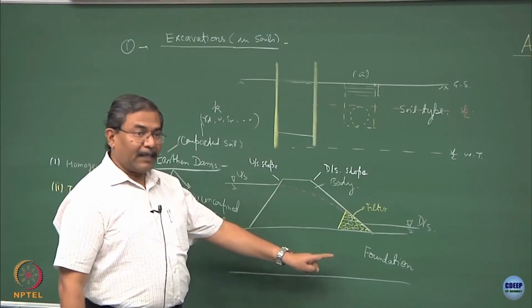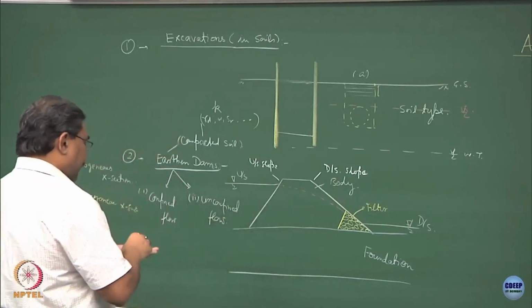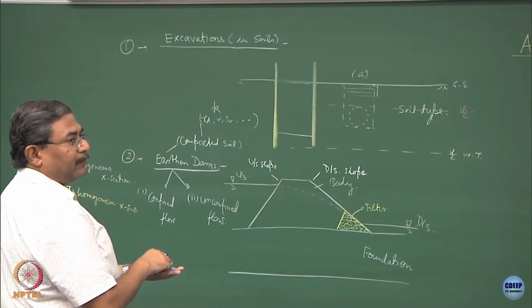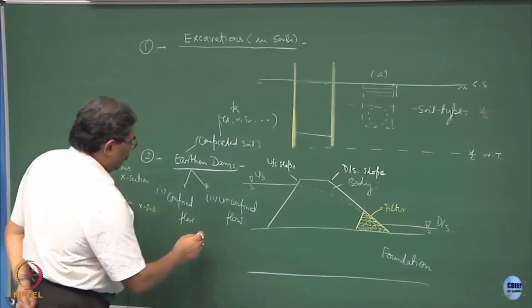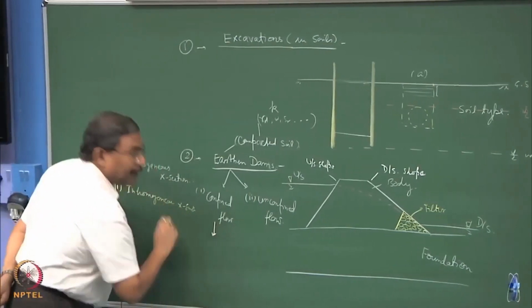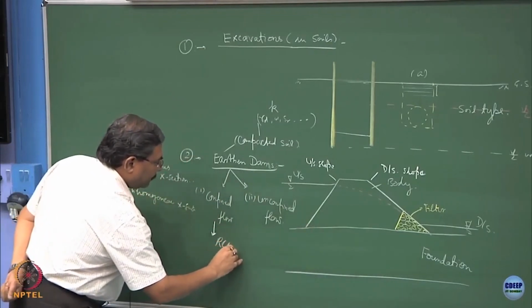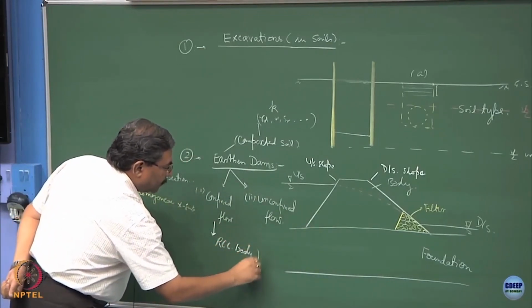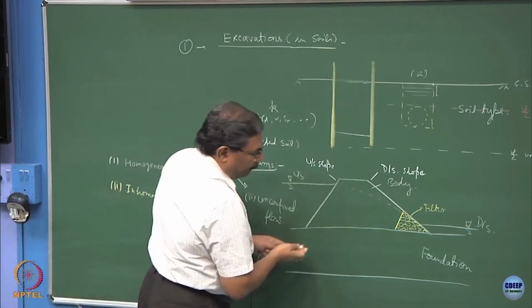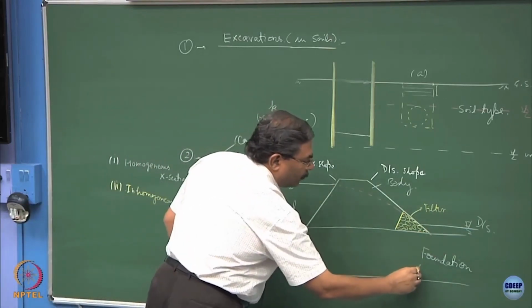Clear? In that case, what I have done is, I have restricted the domain of seepage. So, confined flow is one of the examples of, let us say, RCC dam body. So, what I have done? I have confined the flow to occur only through the foundation, which happens to be a porous media.